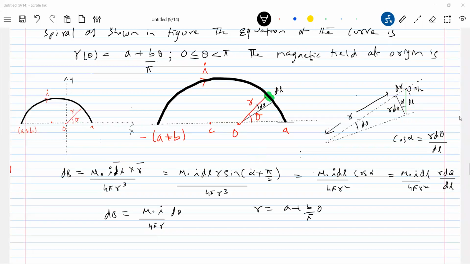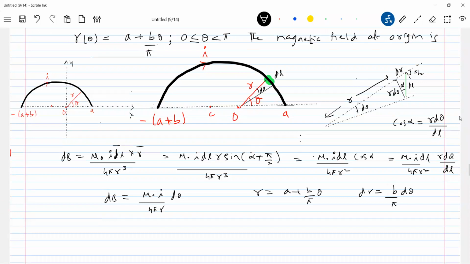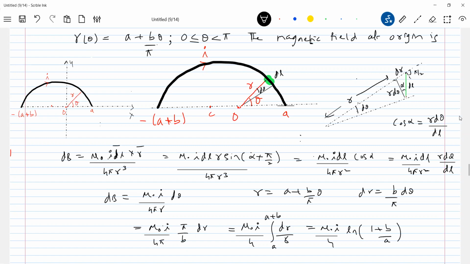Substitute that. d theta will be pi by b, dr. What should be the limit? a to a plus b. b will come in the denominator, no? Yeah.